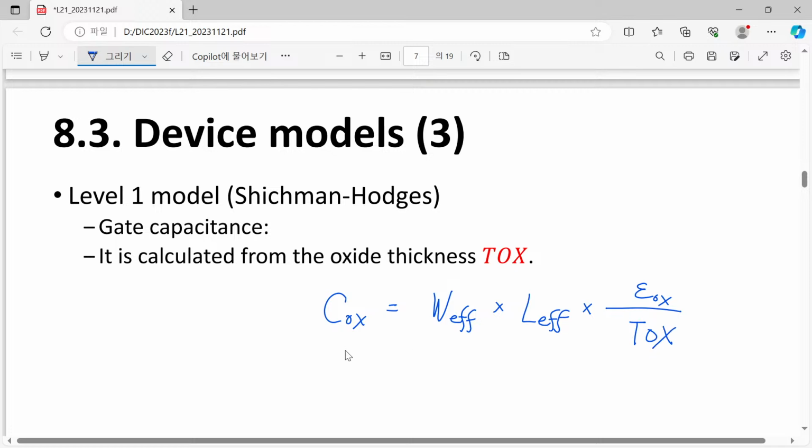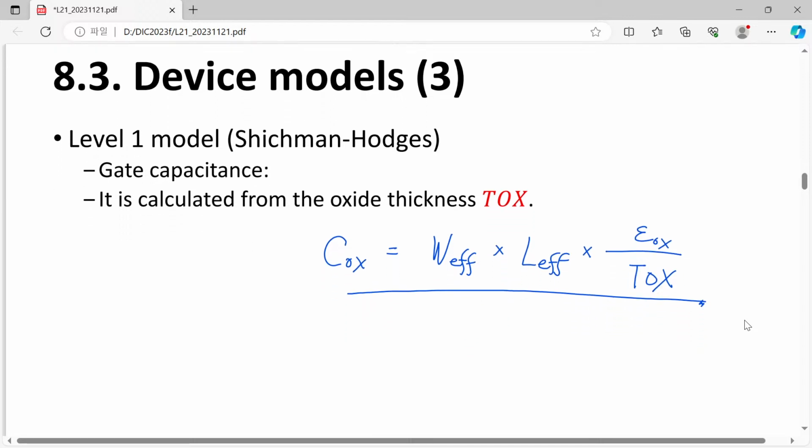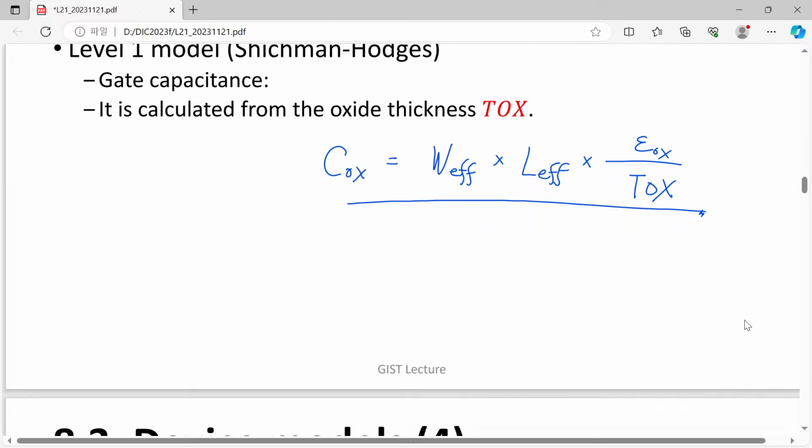Of course, this is quite a crude approximation, but anyway, it is working, so we will use it. Actually, it is being used in the level 1 model. Of course, for more advanced models, we need a better fit for oxide thickness. Okay.